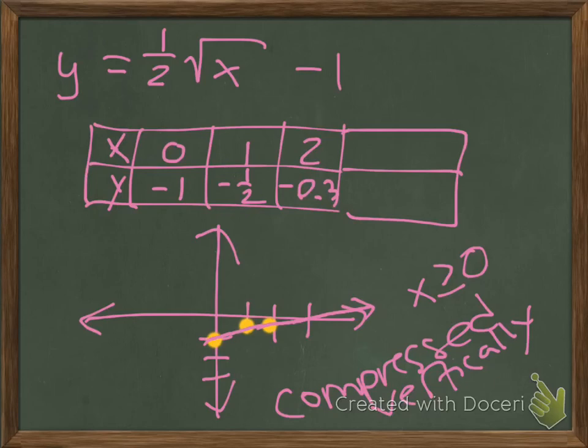Our range is going to be starting at our y-intercept and going from there. And it can be anything greater than or equal to negative 1. So that's how we would compare it. It's also translated down 1. So we could also write that.